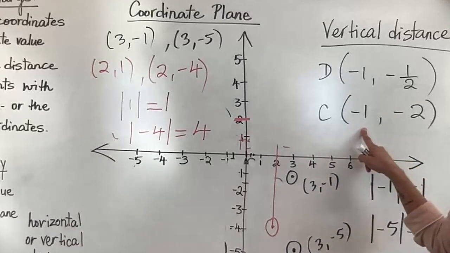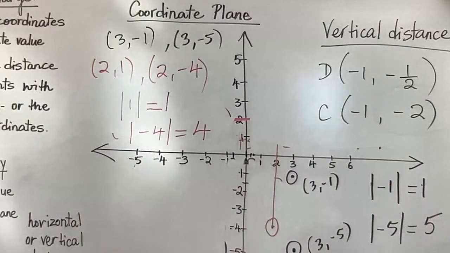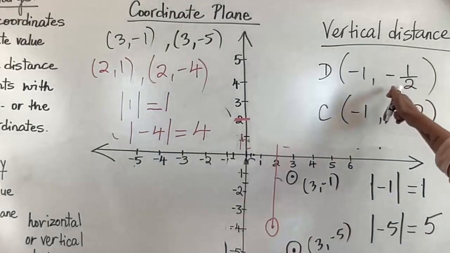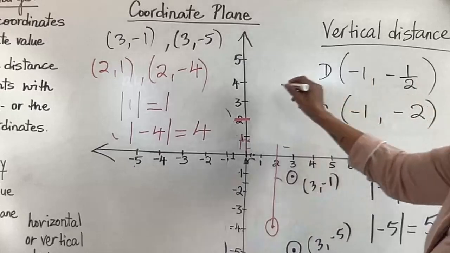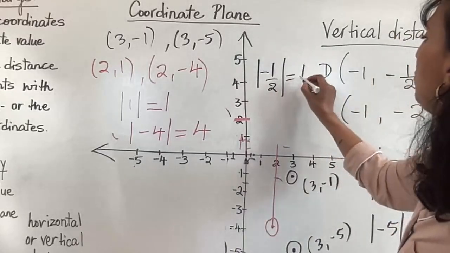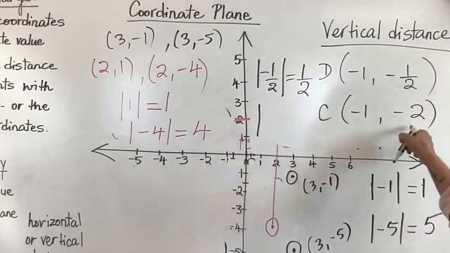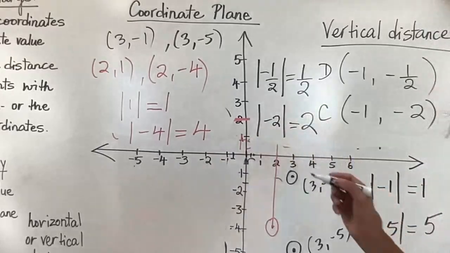So therefore this is going vertically, and all I'm going to do now is look at the y coordinates and find the absolute value. What is the absolute value of -1/2? It is 1/2. What is the absolute value of -2? It gives me 2.